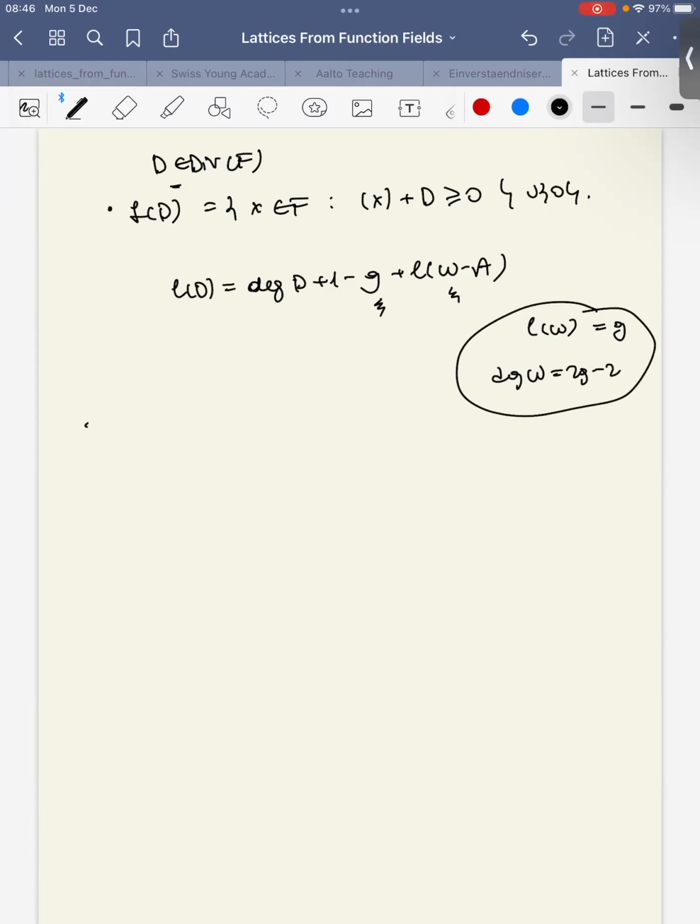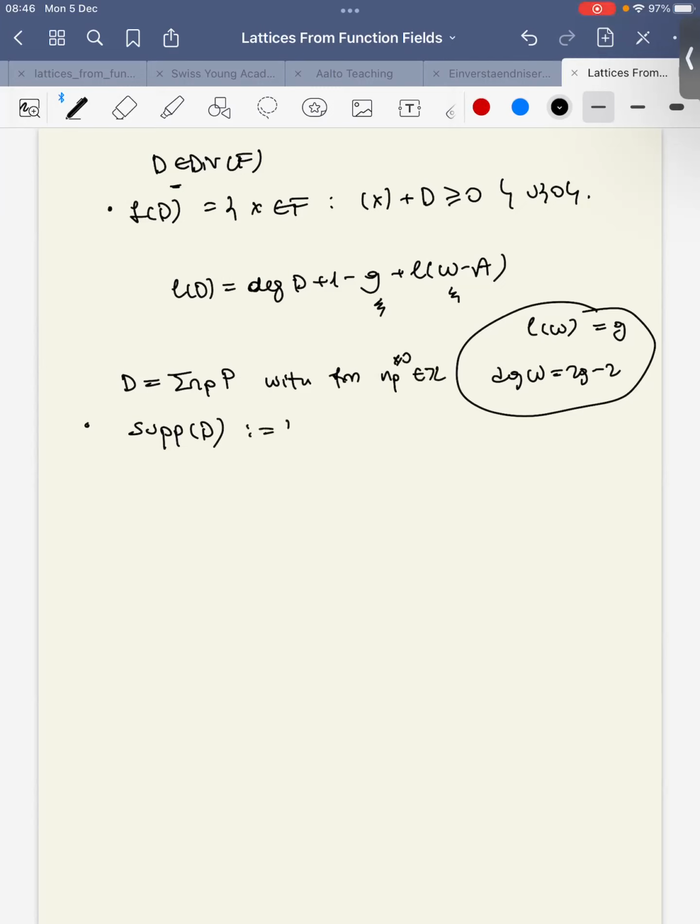And for a divisor D, we have also defined its support, because we know that a divisor is defined as a collection of finitely many places. That means this is a formal sum of n_P times P with finitely many non-zero integer coefficients.